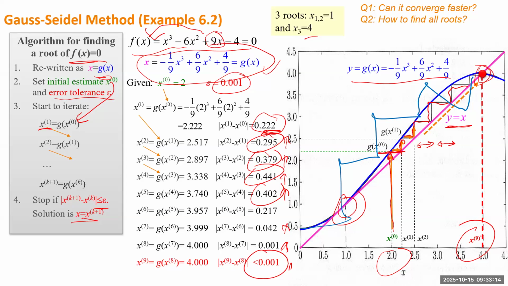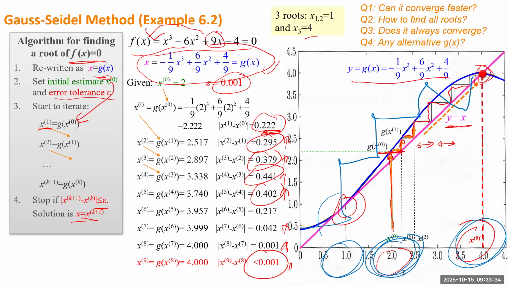Because for this case, starting from 2.0, we only get the root of 4.0. We didn't get the other 2 solutions at 1.0. Third question is, does this procedure always converge? The last question is, is there any alternative way to write this nonlinear function?